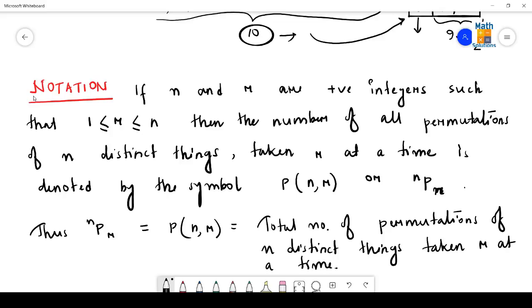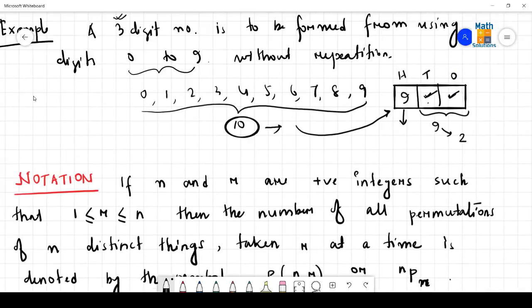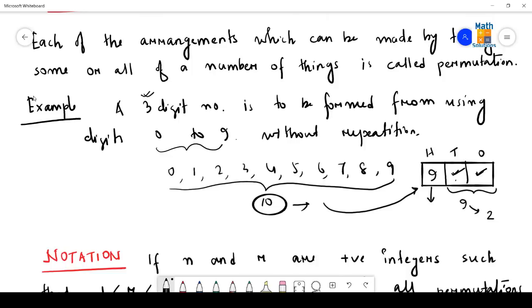Let us come back to the previous example now. In the last two places, I have 9 options left, because out of 10 options I had already taken 1 option for the hundreds place. So from the remaining 9 options in my hand, I have to choose 2 options for these 2 places.